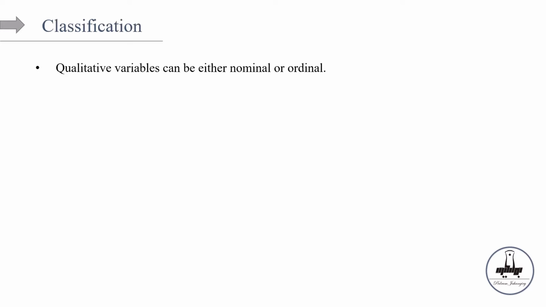Let's start with the concept of classification itself, right? In classification problems, we are dealing with qualitative variables, and the qualitative variables can be either nominal or ordinal. So nominals are, for example, gender, race, ethnicity, colors, and so on. And ordinal, you can think of, for example, GPA, A, B, C, D, or GDP growth rate.